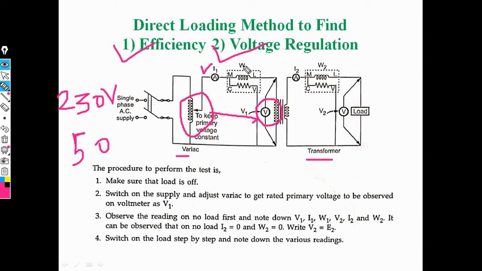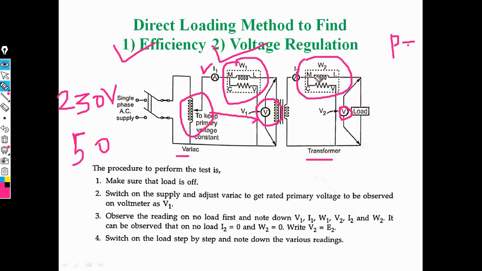Now this is W1, called a wattmeter, which measures power from the input side of the transformer, and this wattmeter W2 measures output side power. Then current I2 will be measured with the help of an ammeter. Then voltmeter V measures the voltage V2.